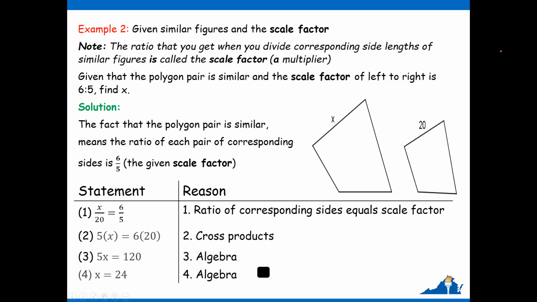Now, again, from the corresponding sides, you come up with different ratios. But what you should know is that once you are given figures and told that they are similar, we are simply saying the corresponding sides are in a given ratio.